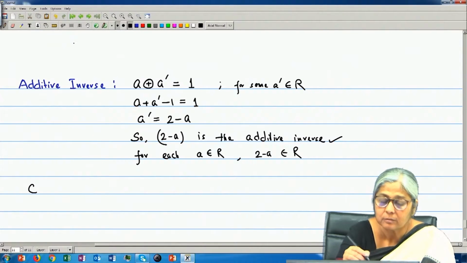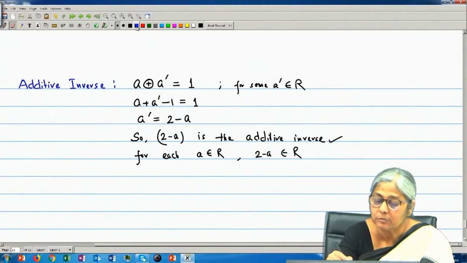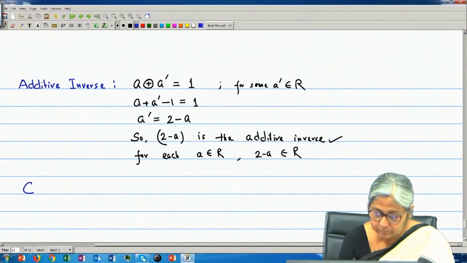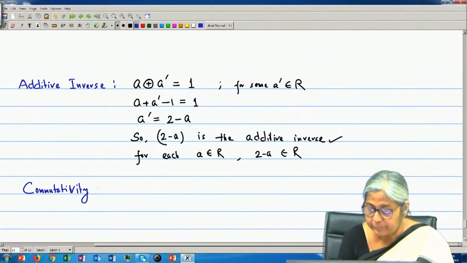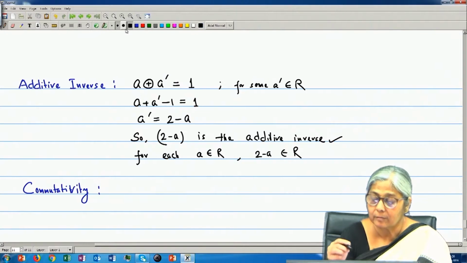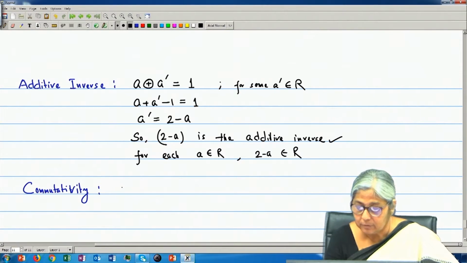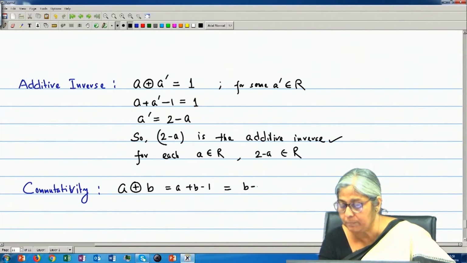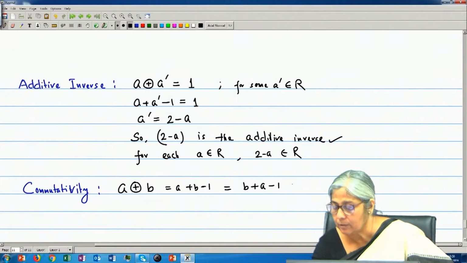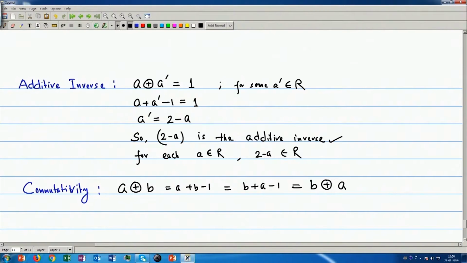So, A addition B equals A plus B minus 1, equals B plus A minus 1, equals B addition A. So, it is commutative.